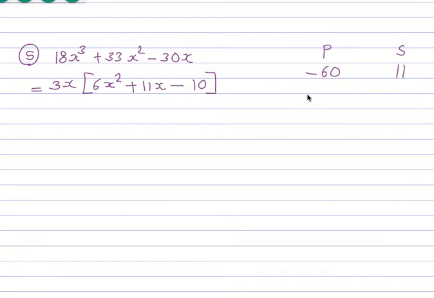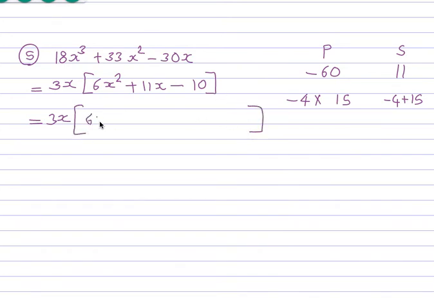So 4 times 15 is 60, and the larger number is positive, so this is negative. So negative 4 plus 15, which is 11, and negative 4 times 15 is negative 60. It works. So we can choose easily negative 4 and 15, these two numbers.